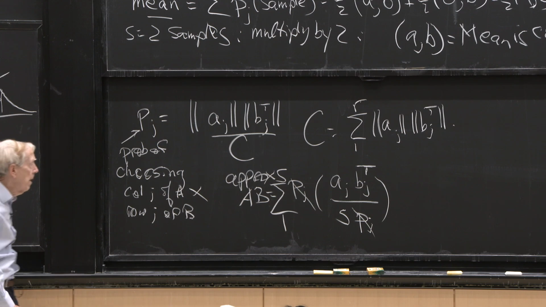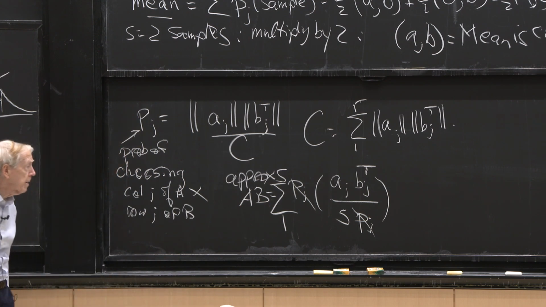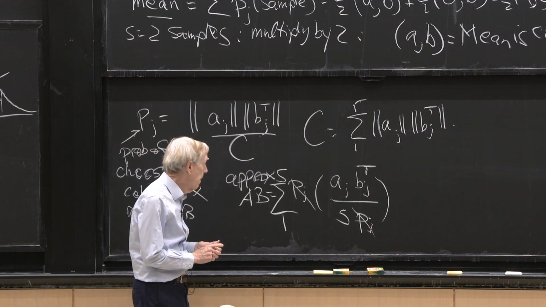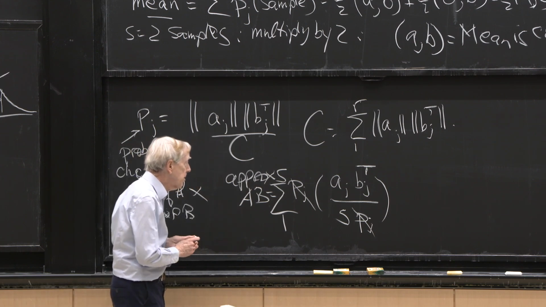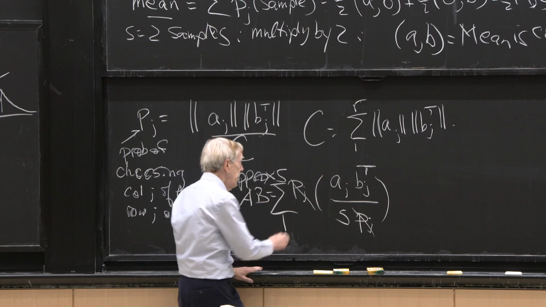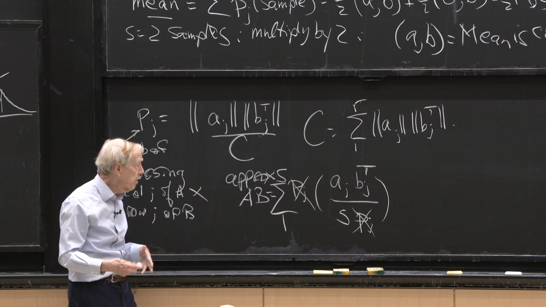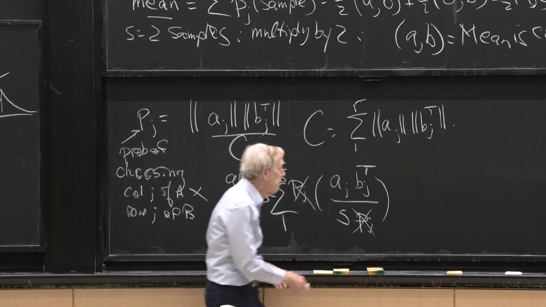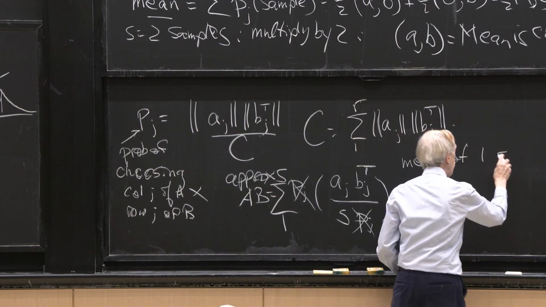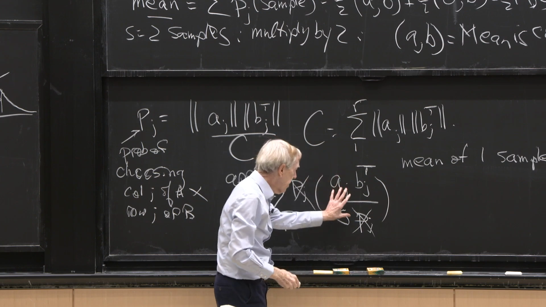Ah, yes, okay, right. I would like to see that the mean is correct. I want to compute the mean of my process. It's falling into my lap here. I made it that way. These Pjs canceled. I divided by S. So the mean of one sample is the probability of getting it times what I take.